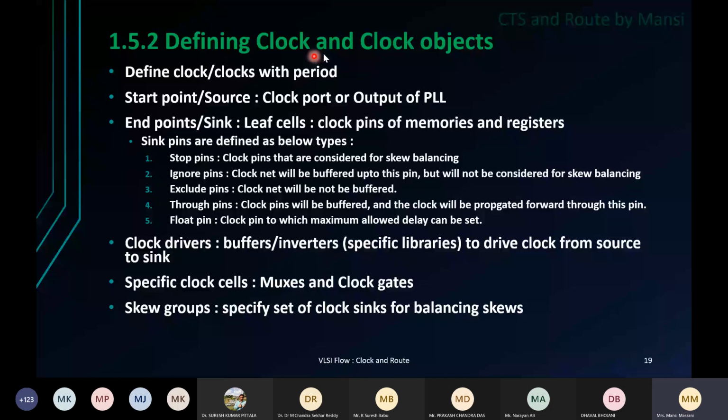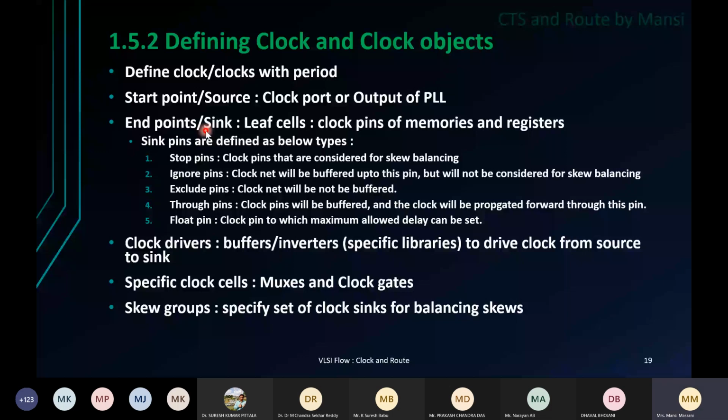Then we define the clock start point, which is definitely a clock port or PLL output, and then we define endpoints. Now normally the endpoints are nothing but the clock pins of memories and registers, correct? But in this also we have to give a different kind of segregation so that the tool understands up to what point it has to really build the clock and which are the clock pins or sync pins it has to ignore.